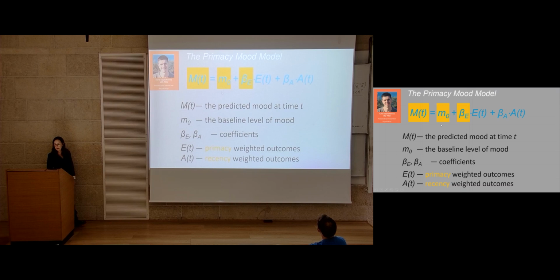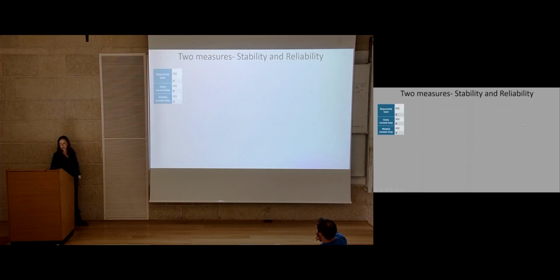And we had these main parameters to test. We will mostly focus here on the primacy weighted parameter and the recency weighted outcome. Each of these weights is different for each individual after we fit the actual mood ratings to the model during the fitting process.